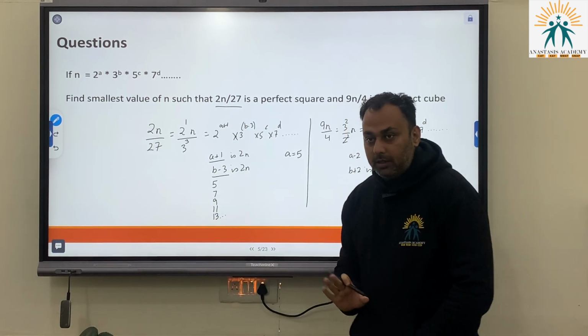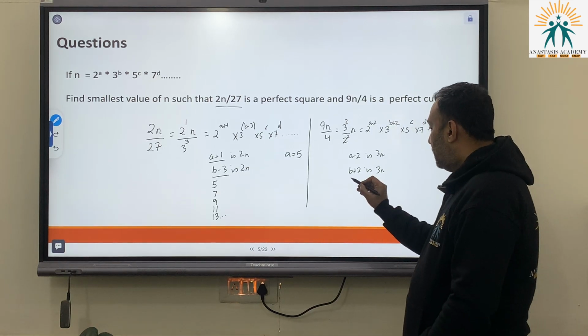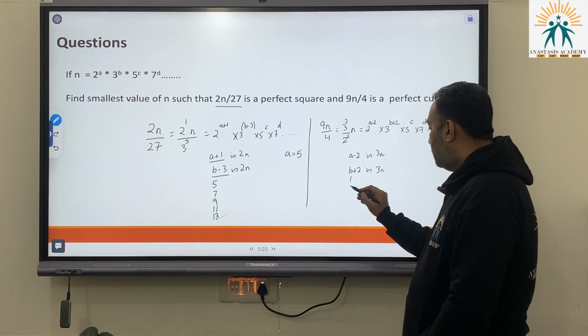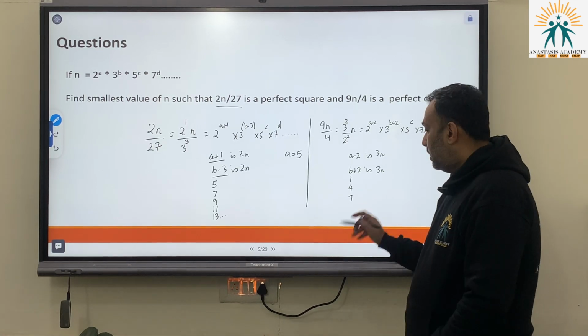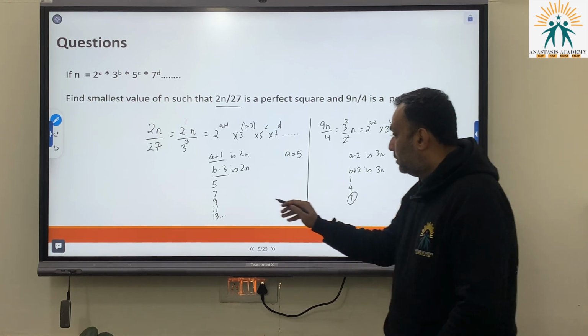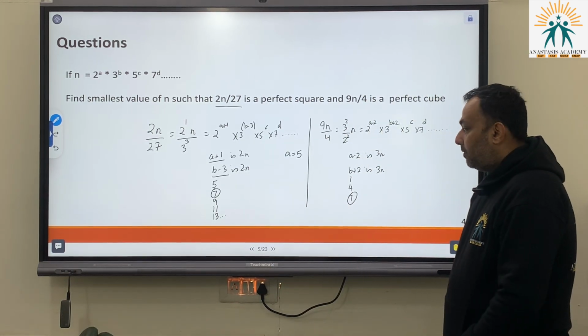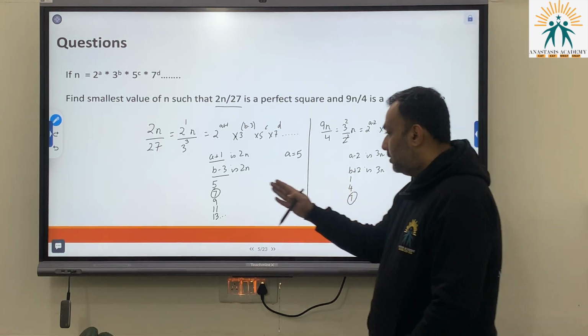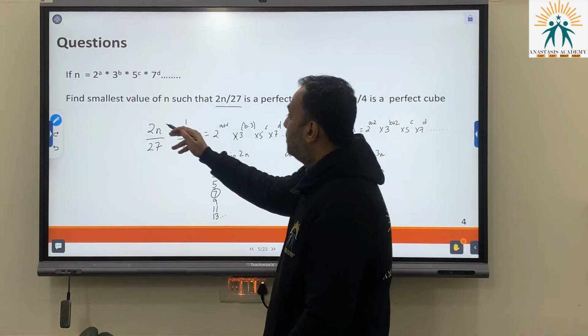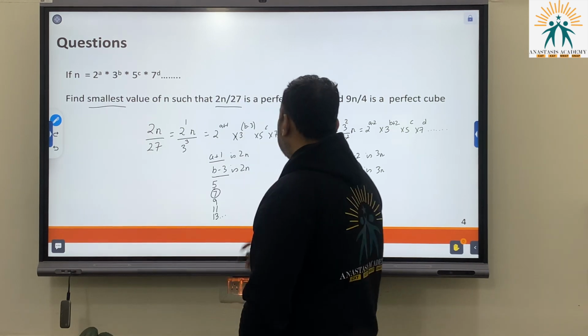The list goes this way. Here the values go on from 1, 4, 7, and have we now found the common string? What values can we take? It will be 7, the smallest value, because we are anyway looking for the smallest value of n.